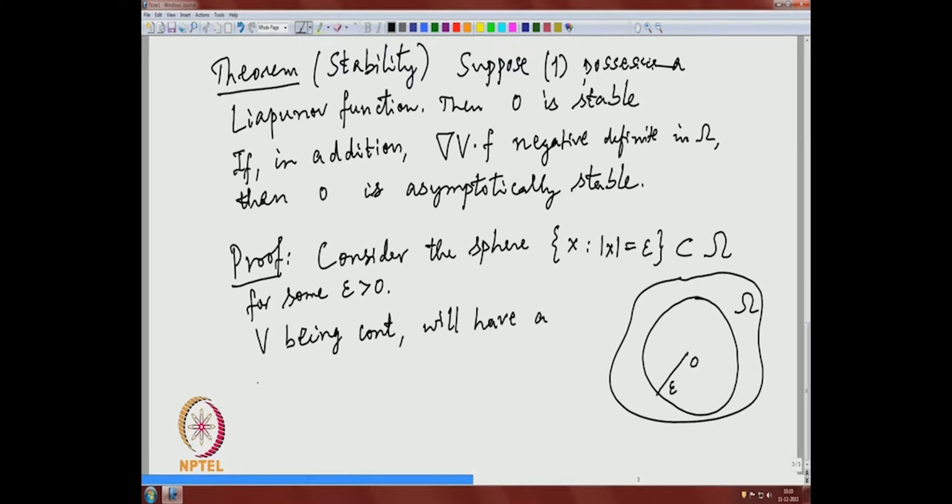Because V is positive definite, by definition we will have a positive minimum on the sphere S epsilon. Call it M. So, M is positive and it is the minimum.